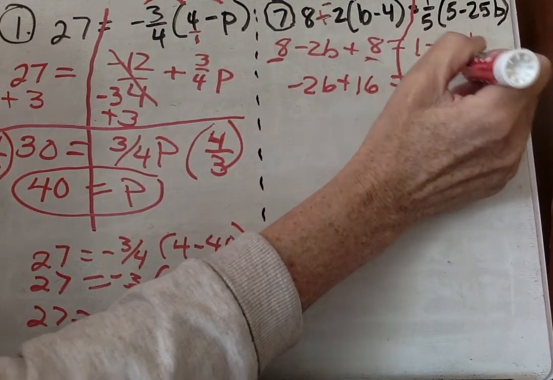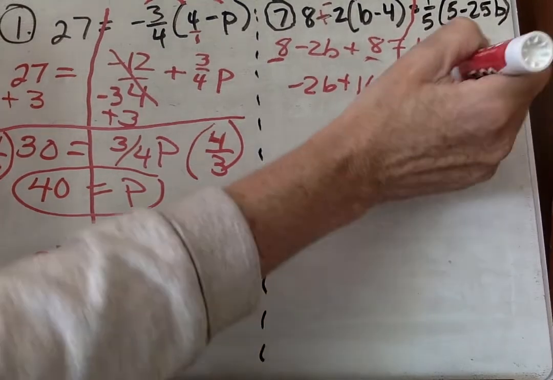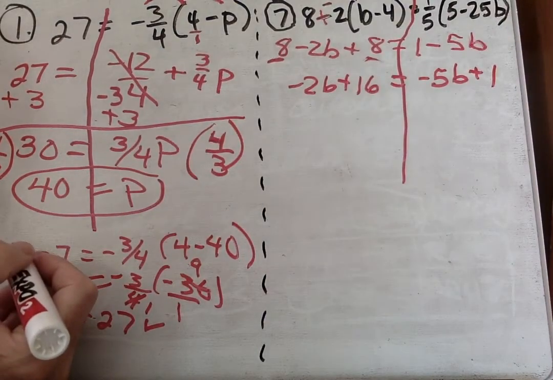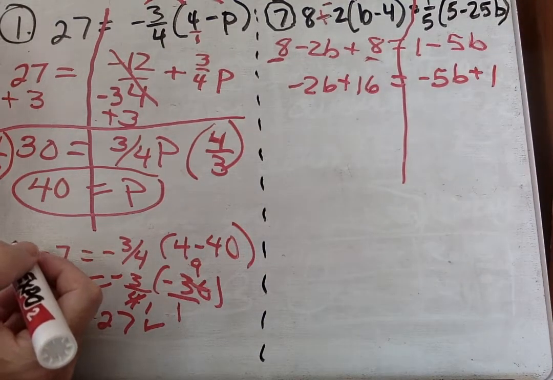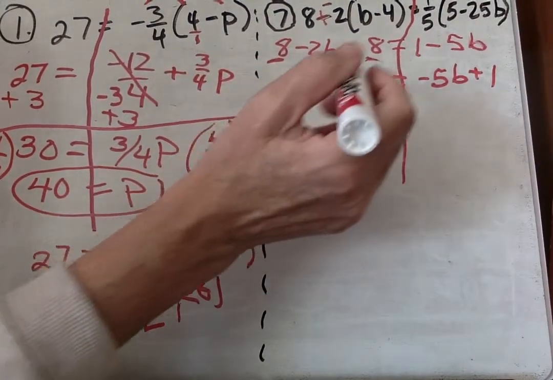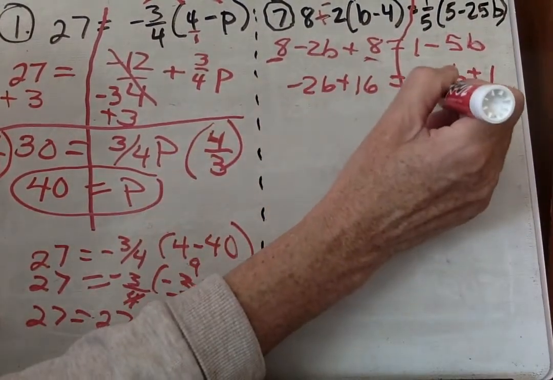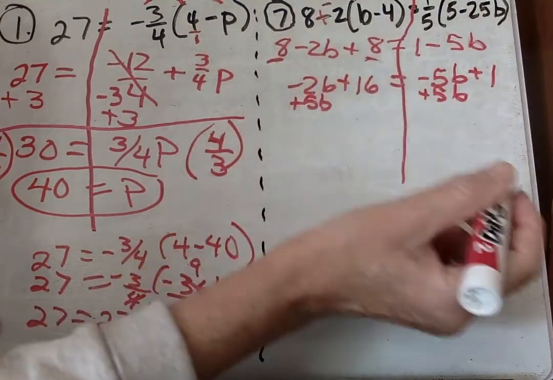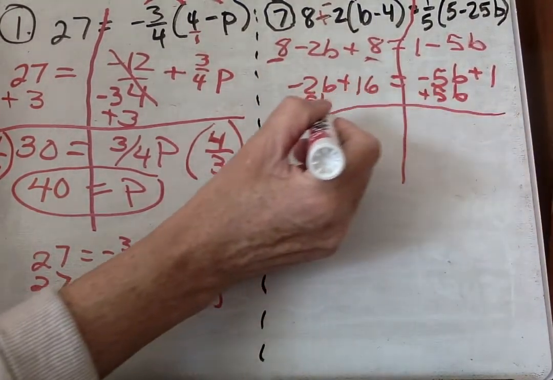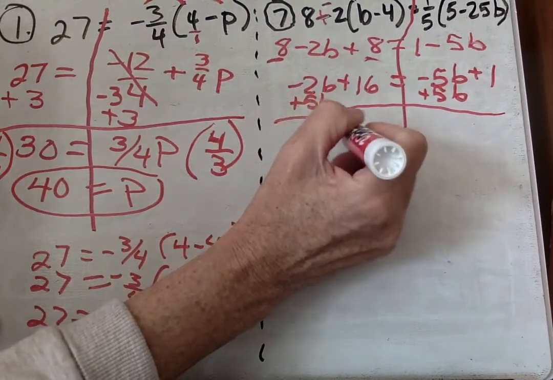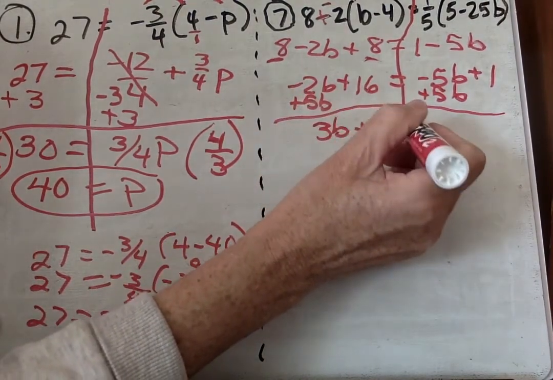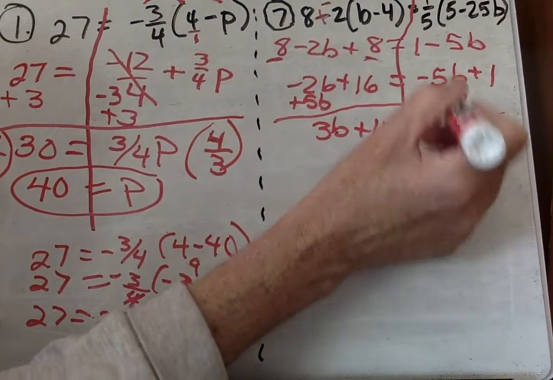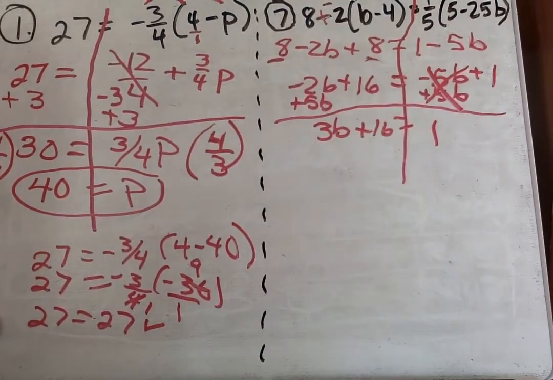Negative 5b plus 1, because I like the variables on the left side. Now I'm going to go ahead and get all the b's to the same side. I'm going to add 5b here and add 5b here. When I do that, I get 3b plus 16 equals 1, because this cancels out.